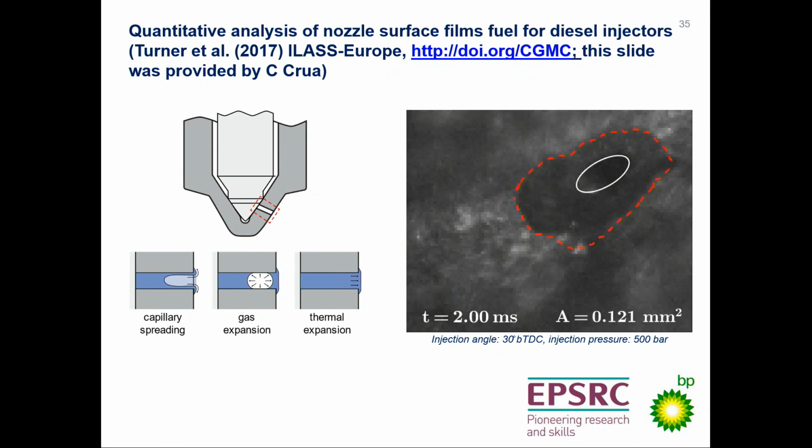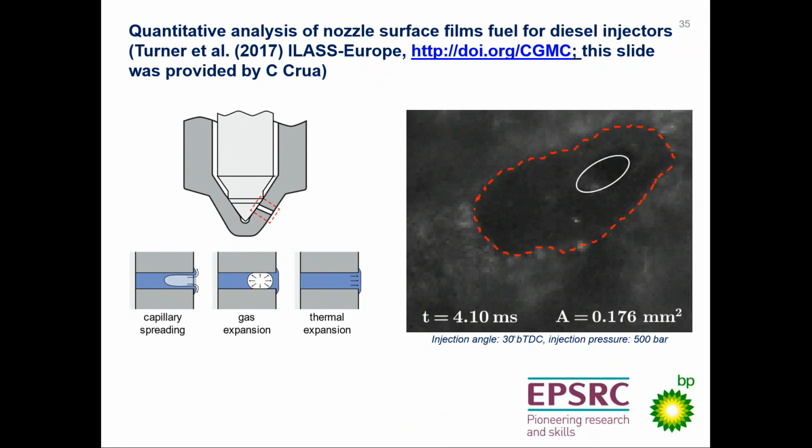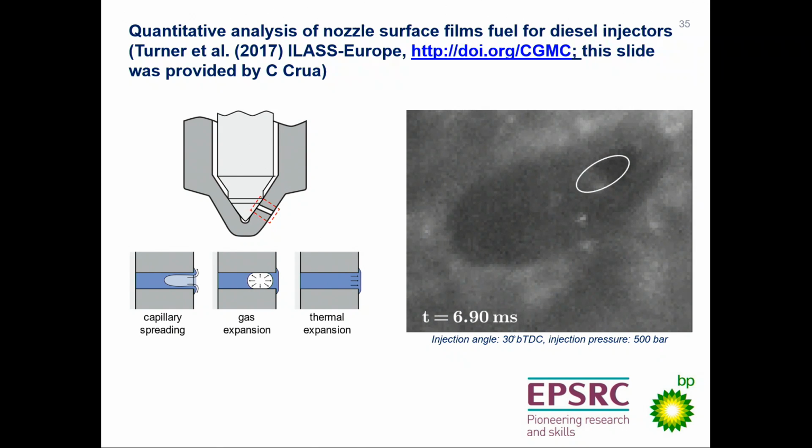What happens is that when we have injection of liquid into internal combustion engines, initially you have the formation of spray. But then at some stage the injection stops. When injection stops, part of the liquid fuel starts spreading along the inner surface of the engine, and forms a film of fuel.